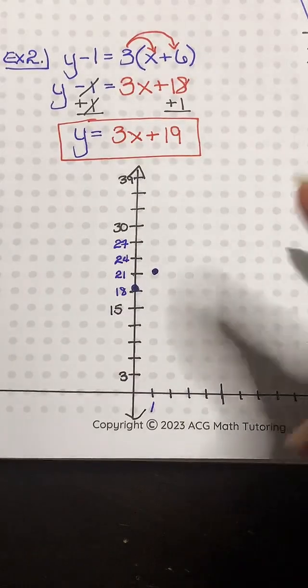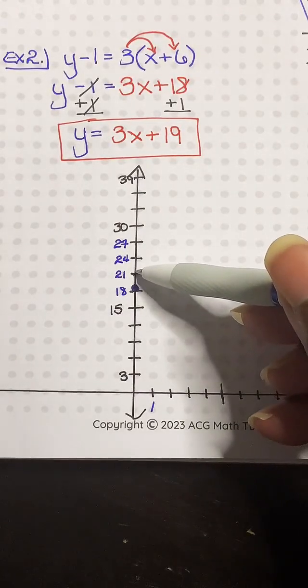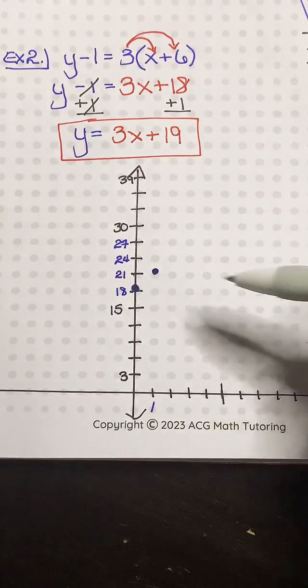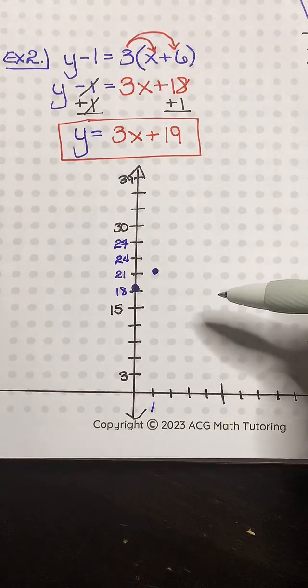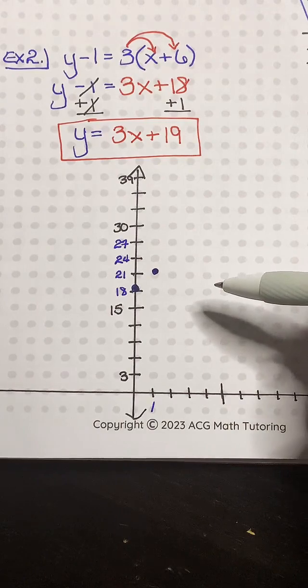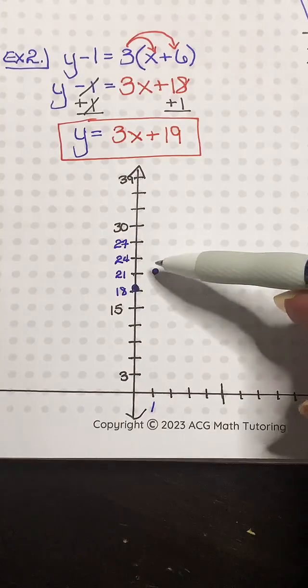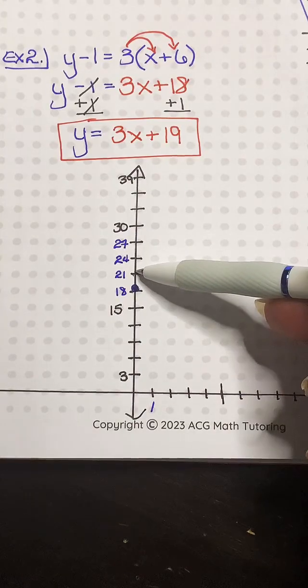Because we went up the equivalent of 3 and we went over 1. Okay? Good, Vivian, is 22. We got it. So now I'm at 22 for my y's.